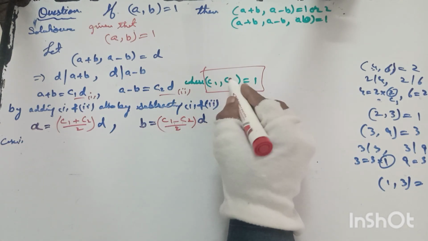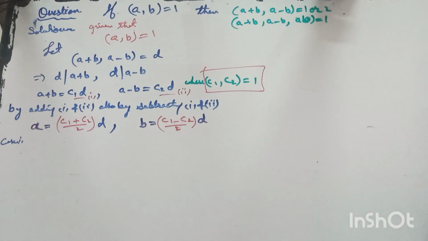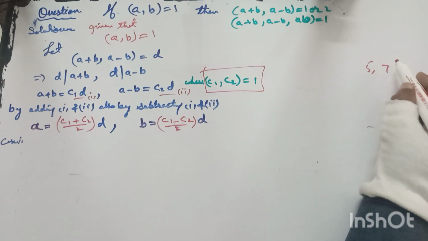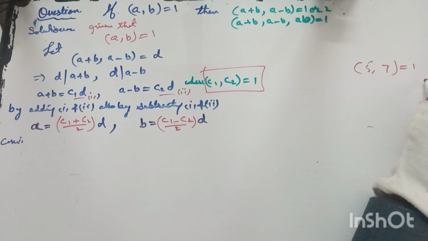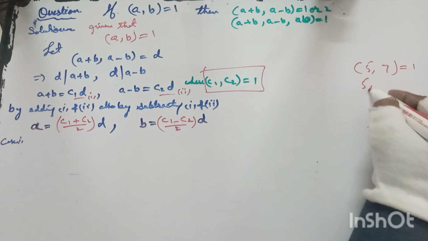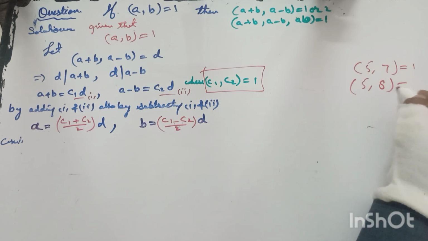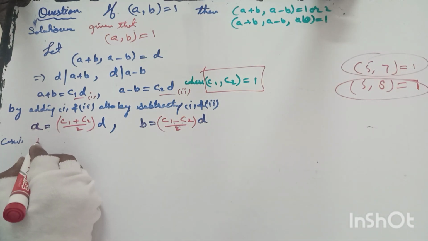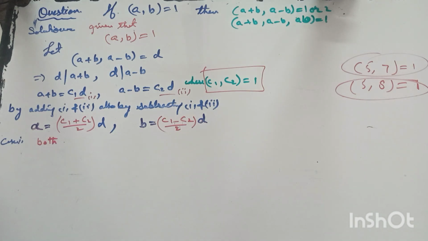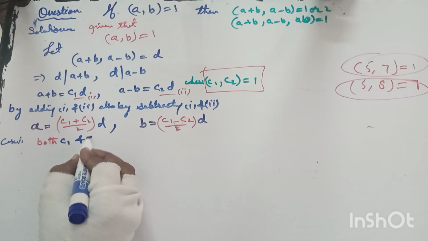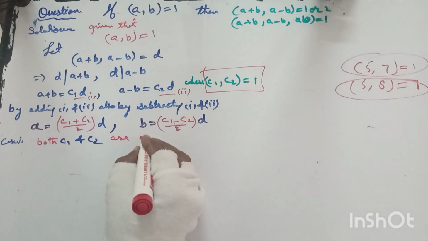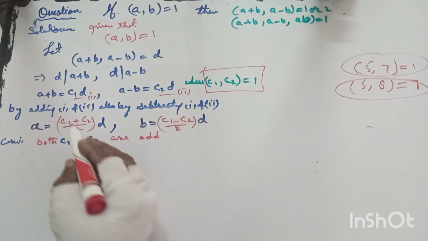If these two are relatively prime, then only two cases we have: both are odd, or one is odd and one is even. First, both C1 and C2 are odd.